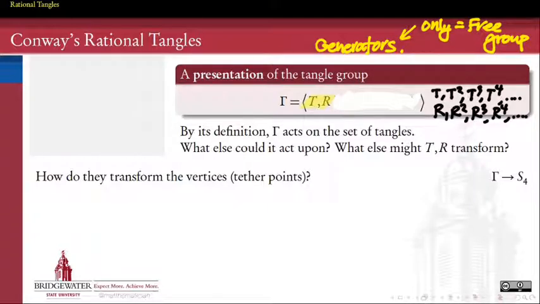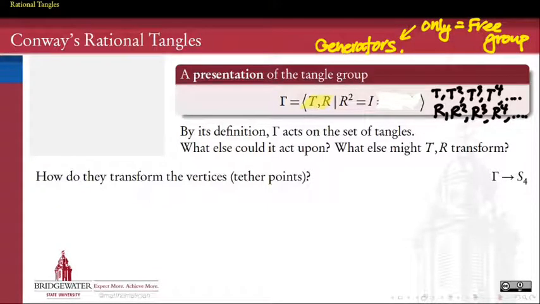But we spent the first part of our class today discovering that there were actually relationships between these generators. The T's and R's had something to do with one another, even if they didn't commute exactly. We knew, for example, that R squared gave us the identity. And so what that does is it cuts down on the powers of R that I can write.